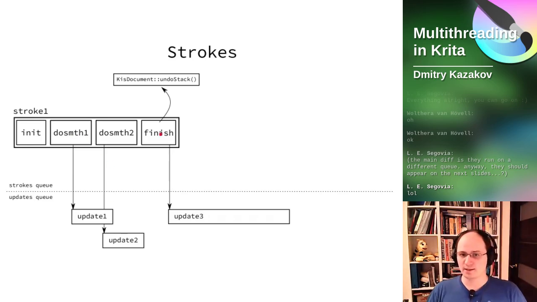Here you can see that these three jobs initiate updates, and here I tried to show this borderline between strokes queue and updates queue. Everything here is updates queue. It runs independently from everything that runs here.